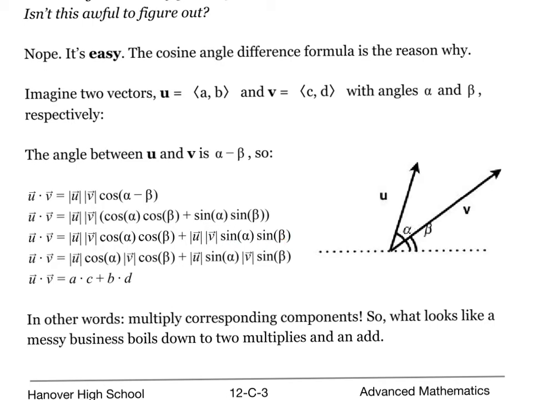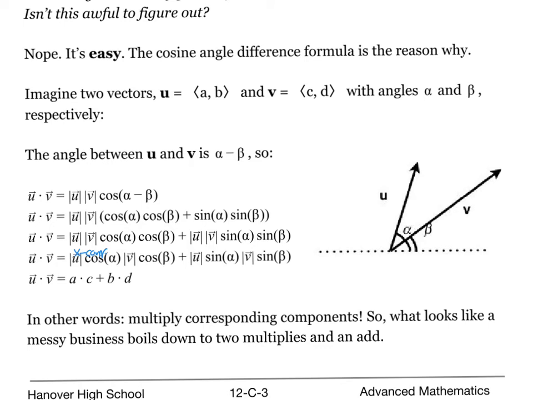And furthermore, I can rearrange this multiplication and rearrange this multiplication so that the u vector is associated with the cosine of alpha, which is the angle that goes with u. And the v vector magnitude is associated with the cosine of beta, which is its angle. And likewise over here as well. So, funny thing, the magnitude of a vector times the cosine of its angle is its x component. That's its x component.